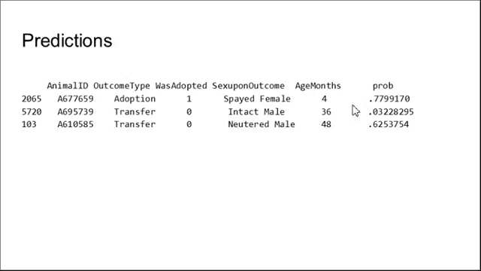The slightly older cat, 3 years, not super old but a little bit on the old side, and intact, has a much lower chance of being adopted. And the neutered, middle-aged cat has a very middling probability of being adopted, which is what I would expect from what I was learning from the betas.